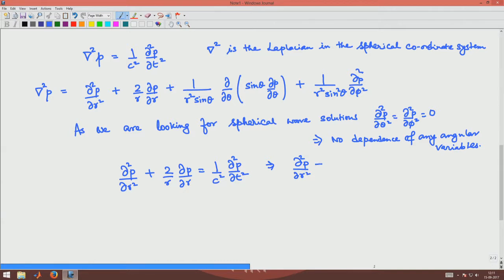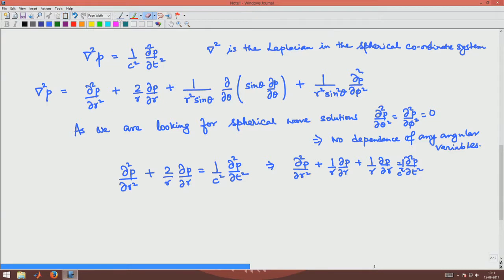∂²p/∂r² + (1/r) ∂p/∂r + (1/r) ∂p/∂r = (1/c²) ∂²p/∂t². So, what I will do is multiply throughout by r and get it in the following form.